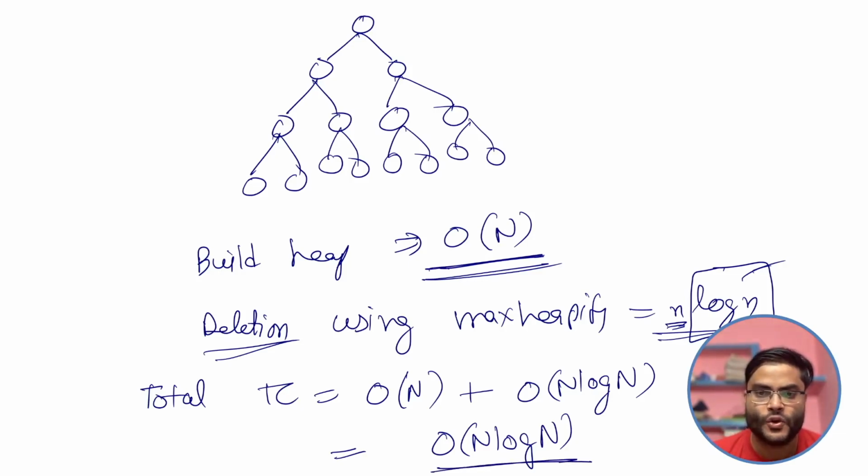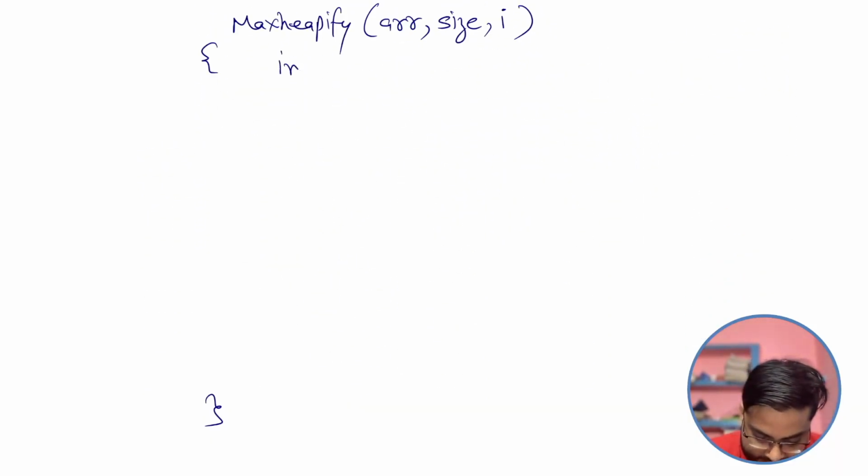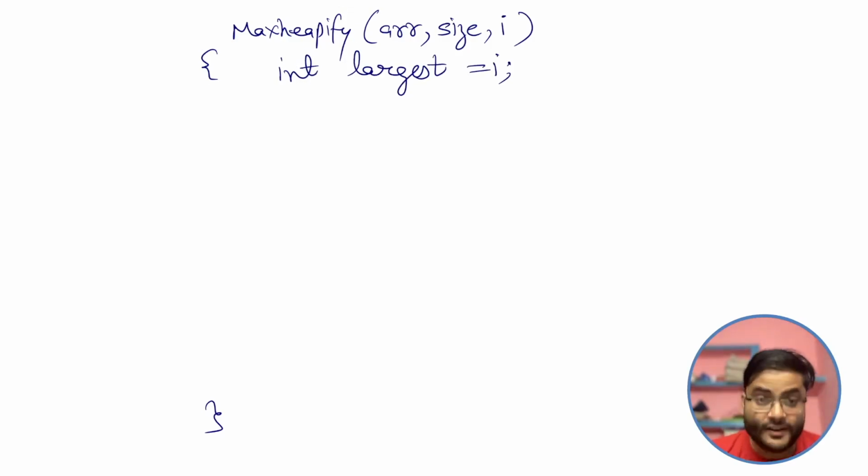Right? So let's write a pseudocode for Heapify method. I will take largest as I. Now I will take my left child and right child index.